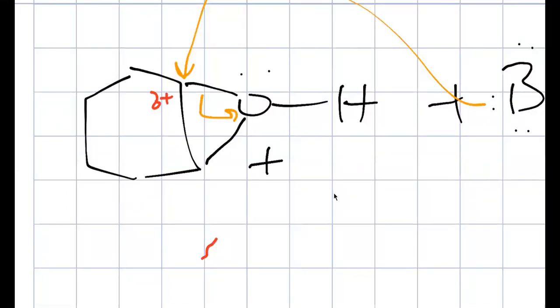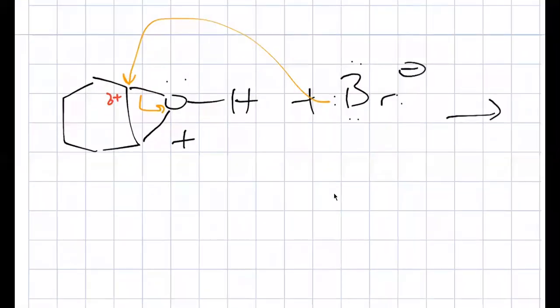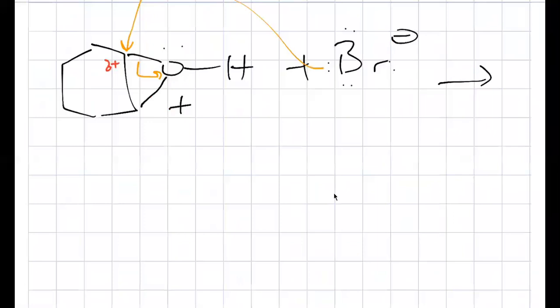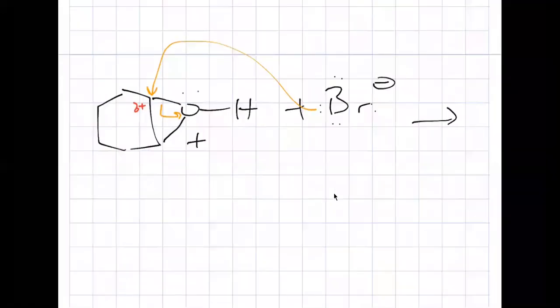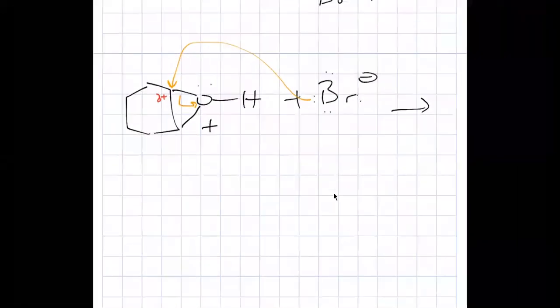So in this step right here, which one is the nucleophile? Because this is not acid-base chemistry any longer. This is now nucleophile, electrophile chemistry. So which one is the nucleophile? Bromine. Bromine, good. That makes this the electrophile. Is that right? And within every electrophile, there's a site that reacts.